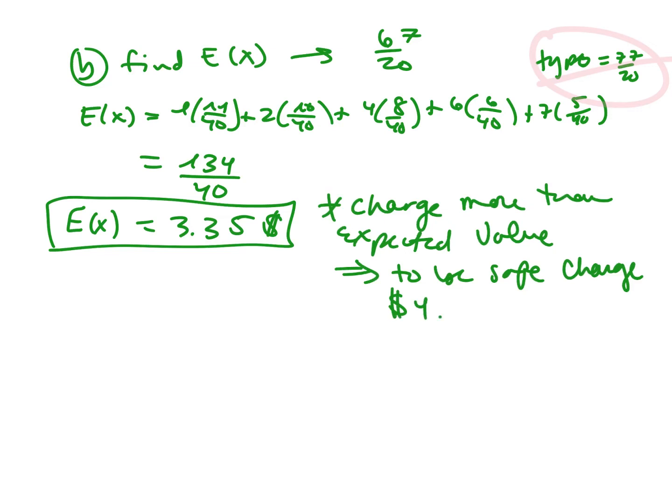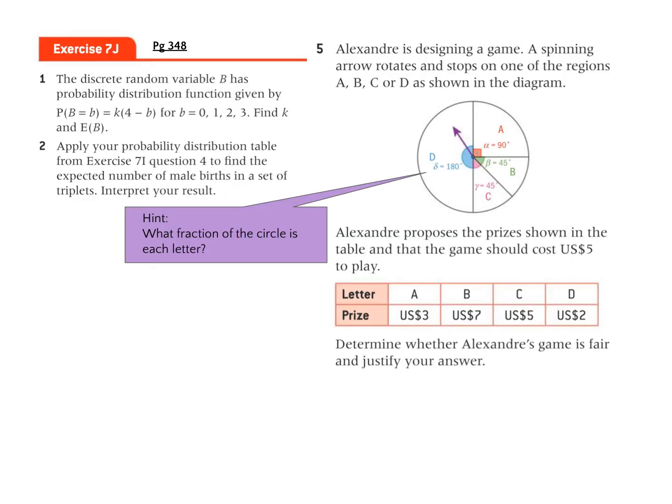Yeah. Kind of. Okay. Next. Oh, yes. Okay, number 1 is not bad. It looks worse than it is, but it's not. Number 2 is not bad. Number 5 is kind of tricky.